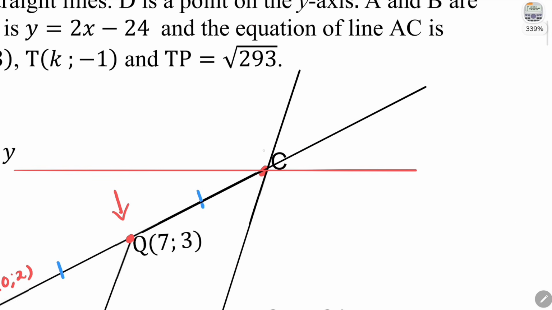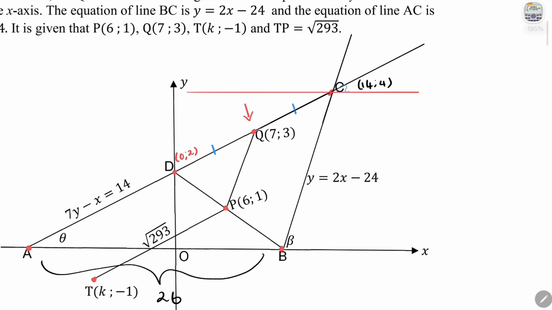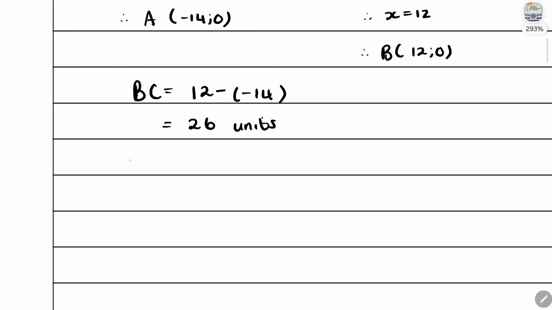So since we know that this is 14 and 4, what that means about that height is if this is a y value of 4, then it means that you just went 4 units down, and that's how high this triangle is. It is 4 units. So that's what we're going to take as the perpendicular height. Okay, so we know the perpendicular height of triangle ABC is 4 units.